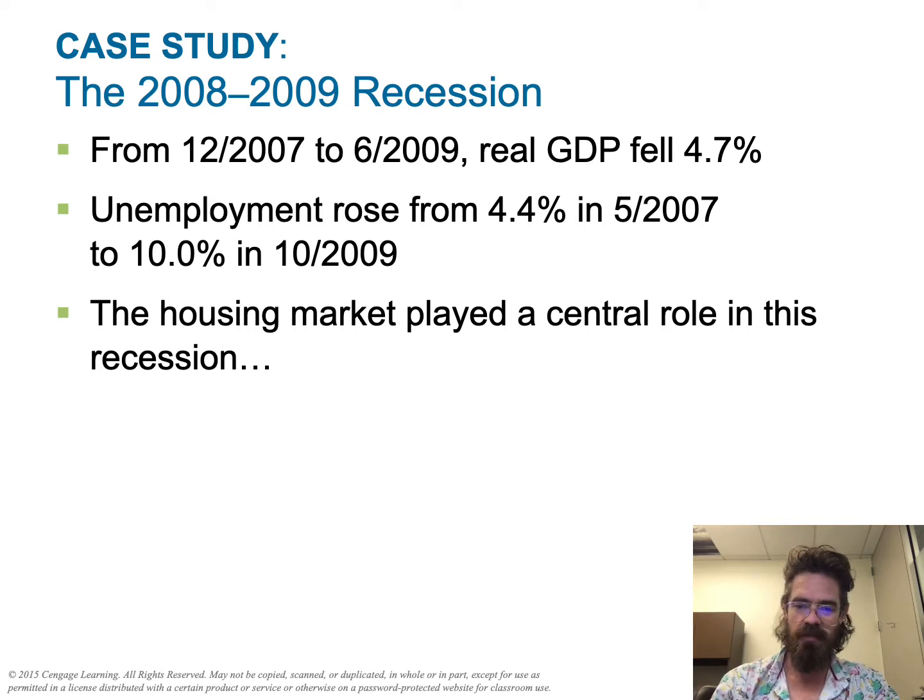It caused a stock market crash to some degree, not as bad as the Great Depression, but pretty bad. And what else happened? It also affected the financial system. So there was sort of a domino effect that all started with problems in the housing market.